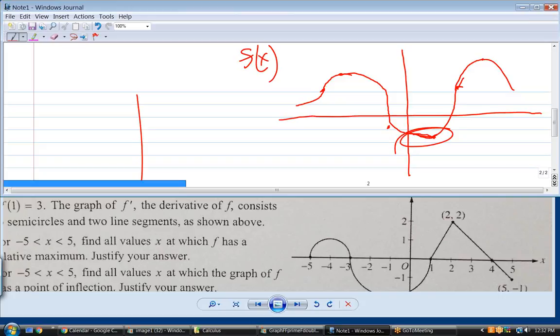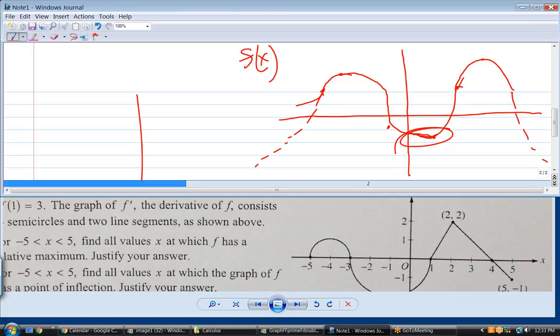As to why it's not at the end points. In other words, could I just as easily have drawn these endpoints down there like that, such that they were below that local minimum?